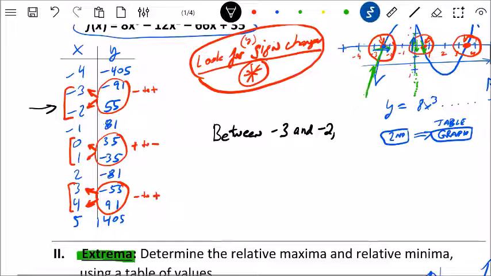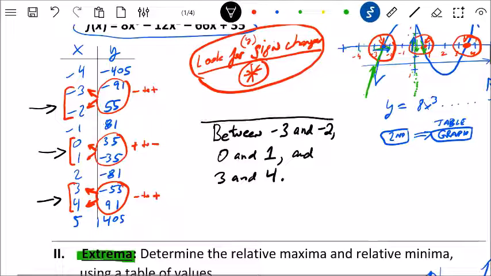Between -3 and -2, 0 and 1, that's this pair. And 3 and 4, and that's this pair. And this is how I want the answer worded for this. You state those consecutive integers.